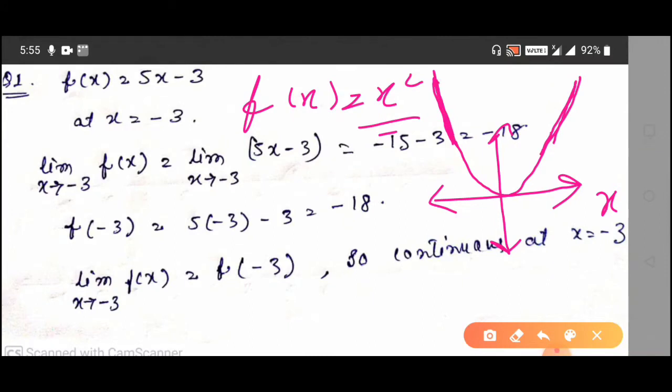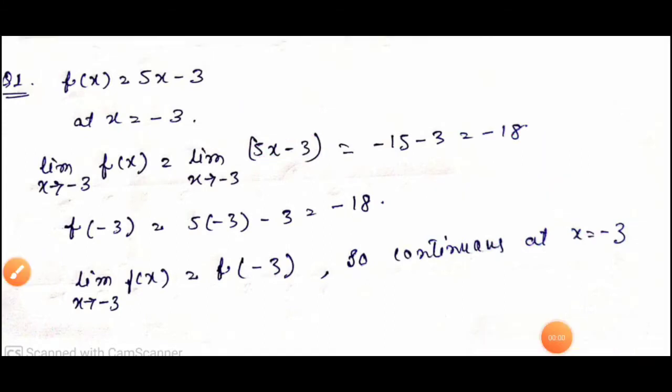So it will go on. We don't know up to how much this graph is continuous. So that is why we will find that this graph is continuous for all values of x. That means all values of x is the domain of the function, and if it is continuous at all points, then this function is continuous for all values of x.